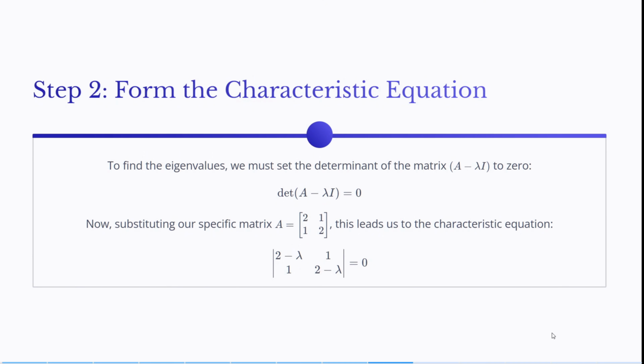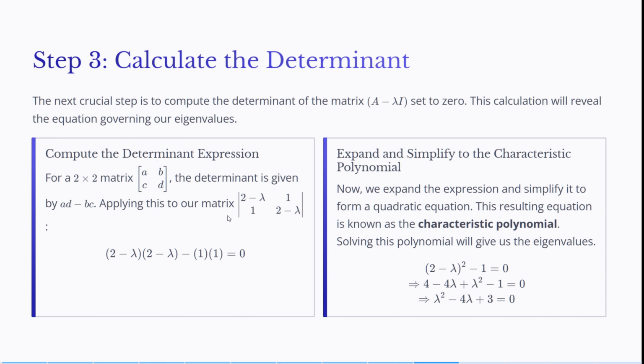So now let's calculate the determinant. We compute the determinant of A minus lambda times the identity matrix, which on expanding gives us this value, a polynomial.